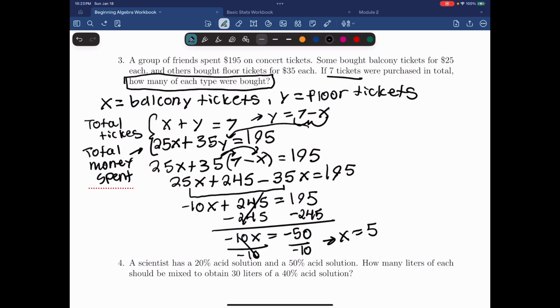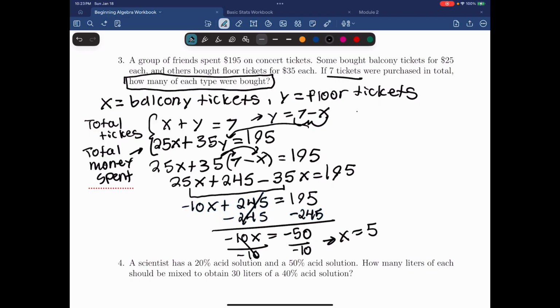And now to solve for the variable y, I'm going to plug in x equals 5 into this equation here, actually. Because remember, this equation is the same equation as this equation. It's just that I solved this equation for y. So now that I solved this for y, all I have to do is plug in the value for x. So I can get the value for y right away.